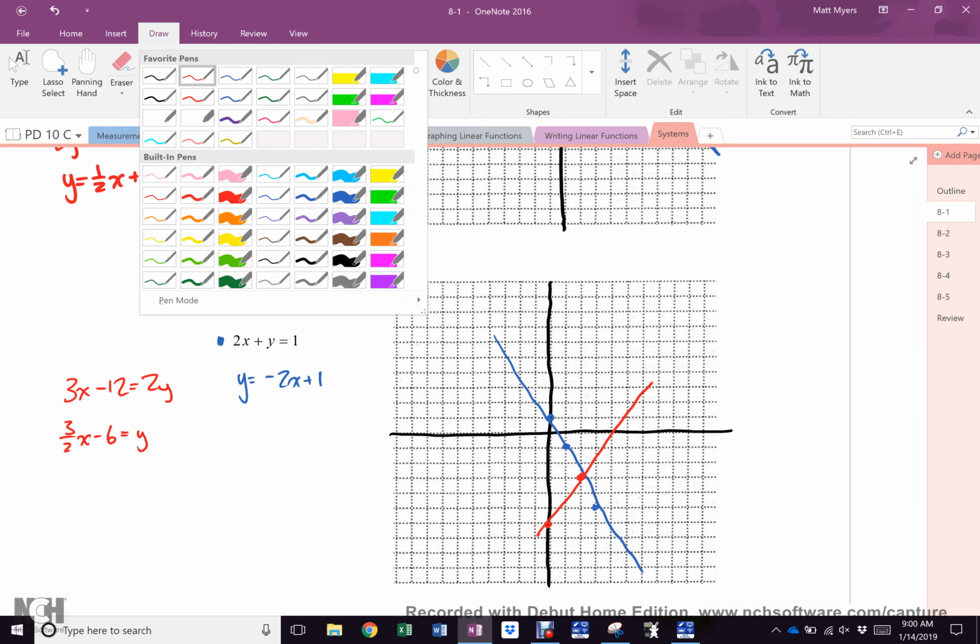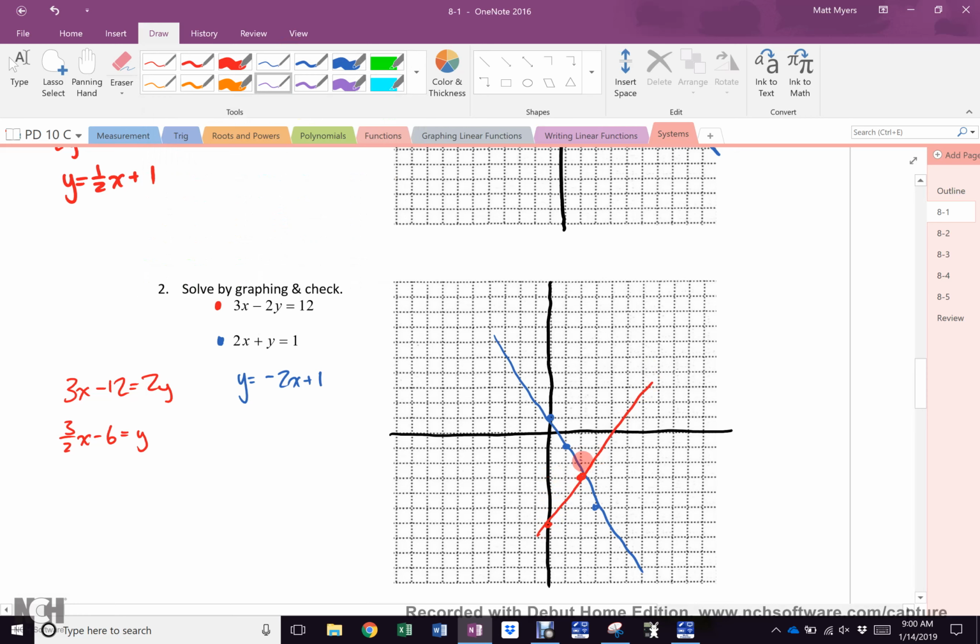What is that point? Other way around. No. 2, negative 3. Class, did we do it right? Did we do it right? No, you don't need to guess.